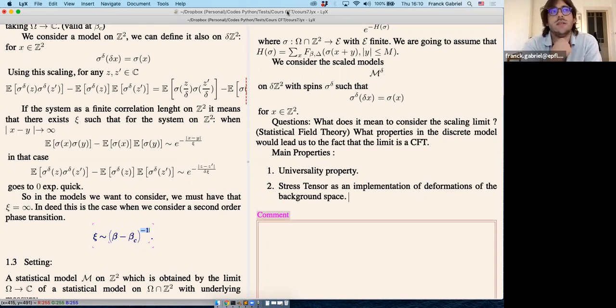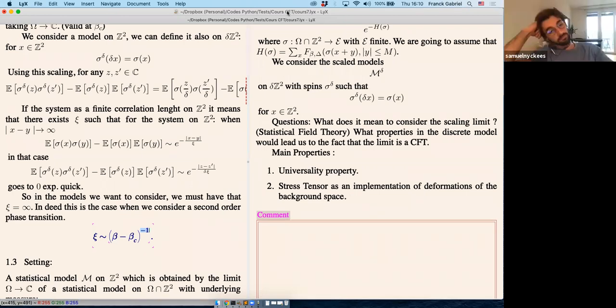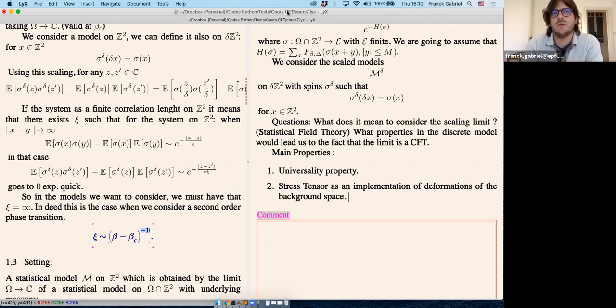And the last lesson will either be about computing the 4-point function, because this is nice stuff, or trying to link it with the SLE, the Schramm-Loewner evolution, which are random curves, and conformal theory. So we'll see. Either we'll do the 4-point function or the SLE.